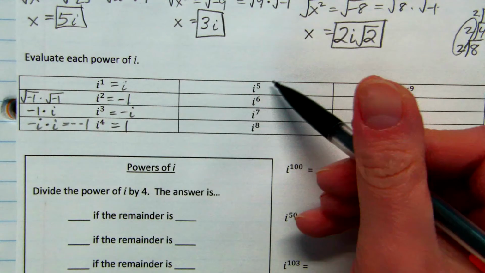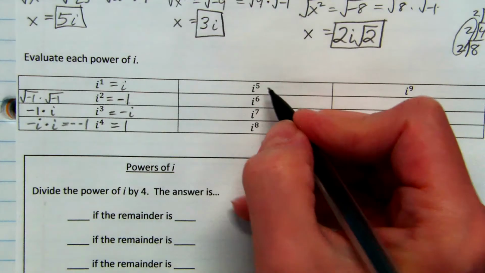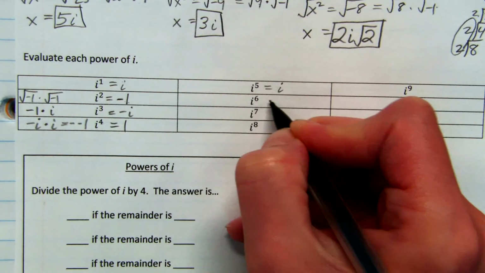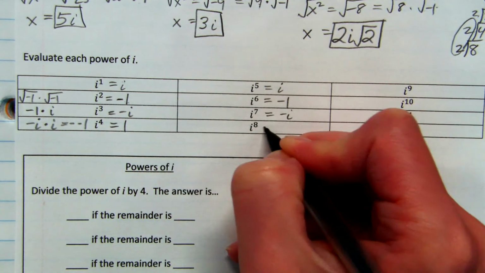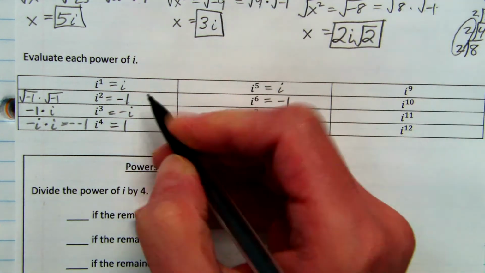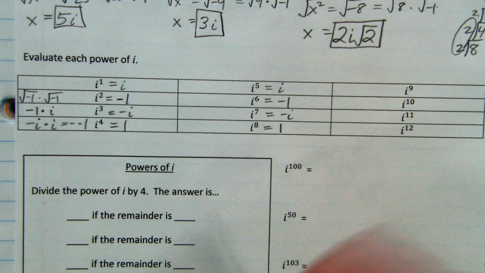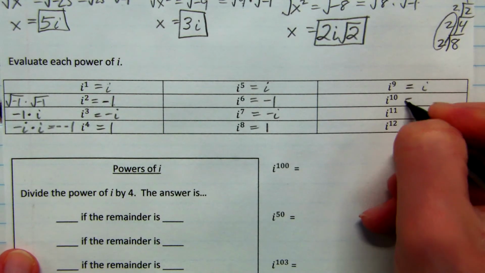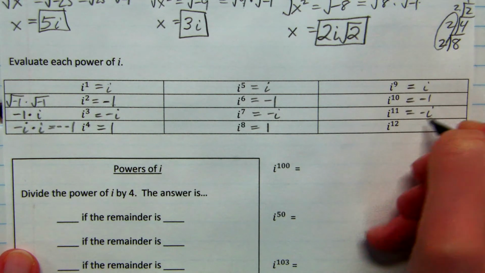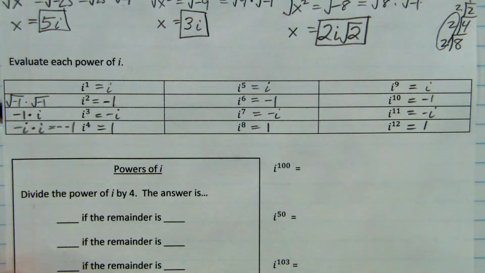And then the pattern starts over. So if I go to the 5th power, I'm just going to get i again. 6th power is -1. 7th power is -i. 8th power is 1. So it's going to cycle through 4 answers at a time. So over here, it's just going to go i, -1, -i, 1.